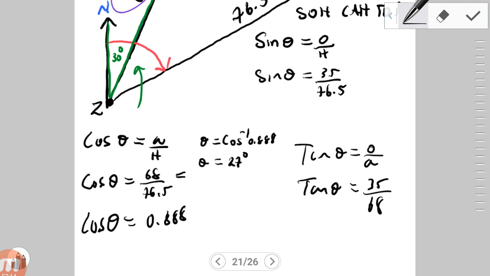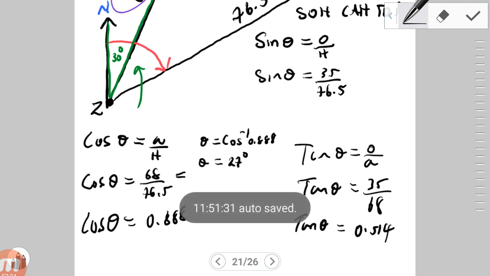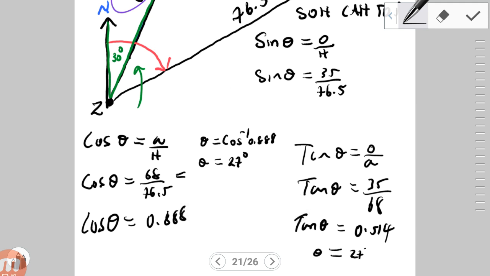Since we have a few minutes before the hour, let's quickly calculate 35 divided by 68, and we would have gotten that the tan of the angle is equal to 0.514. If we proceed with shift tangent 0.514, you're going to find once again that the angle calculates to 27 degrees.